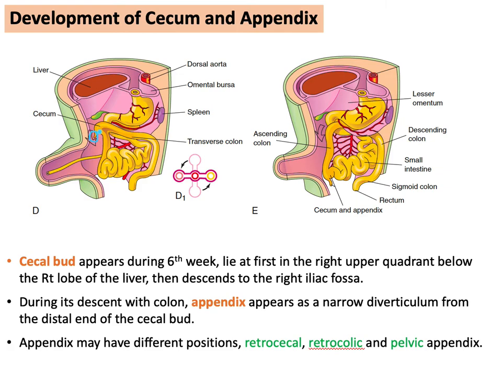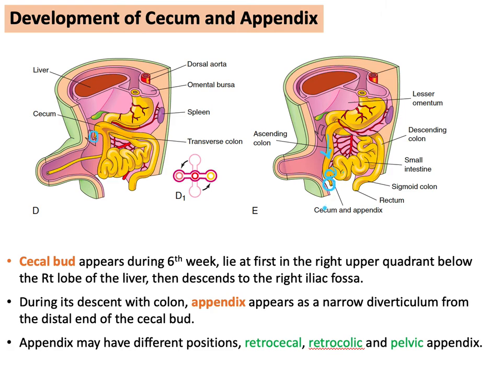It grows as a narrow diverticulum from the distal end of the cecal bud.